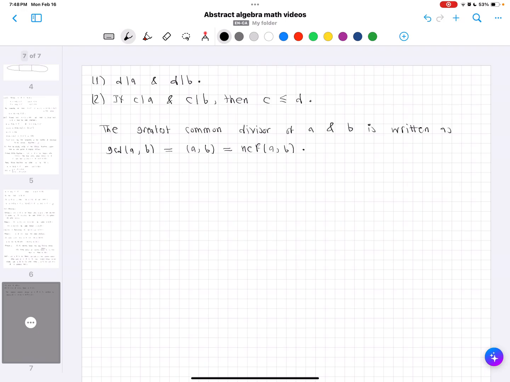Notice here that the GCD between any two numbers is bigger than or equal to 1, because 1 is always a divisor of any number. So we'll use this idea.